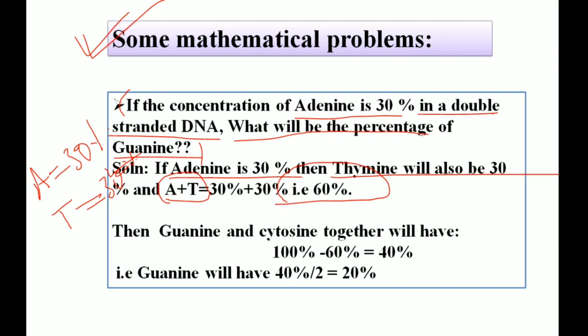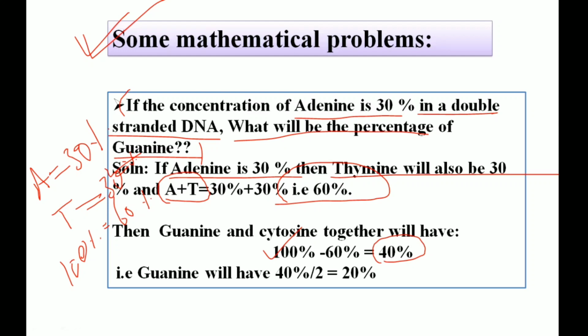So how much will guanine and cytosine together have? We know that the total of nitrogenous bases is 100%, and from that 100%, A and T already make 60%. So guanine and cytosine will make 100 minus 60, which is 40%. That means together they will make 40%.